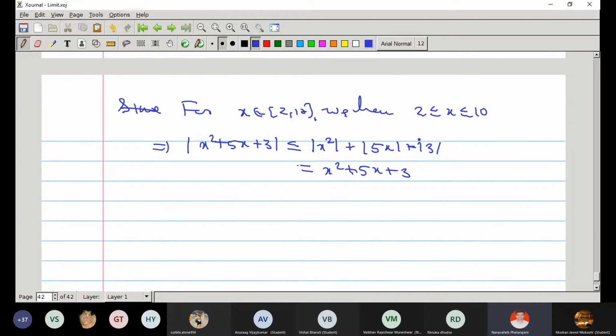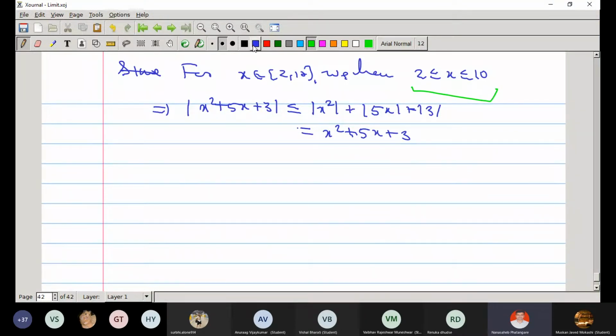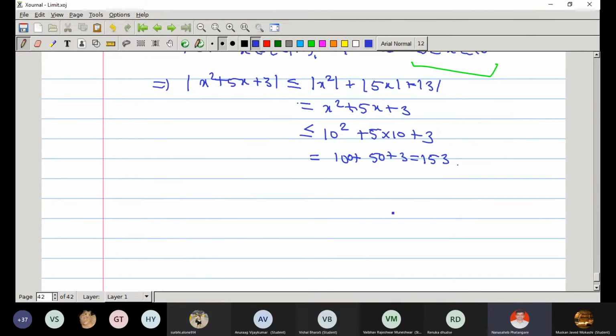If I choose the largest possible value of x in our range, which is 10, then I will get the largest quantity: 100 plus 50 plus 3, so 153.